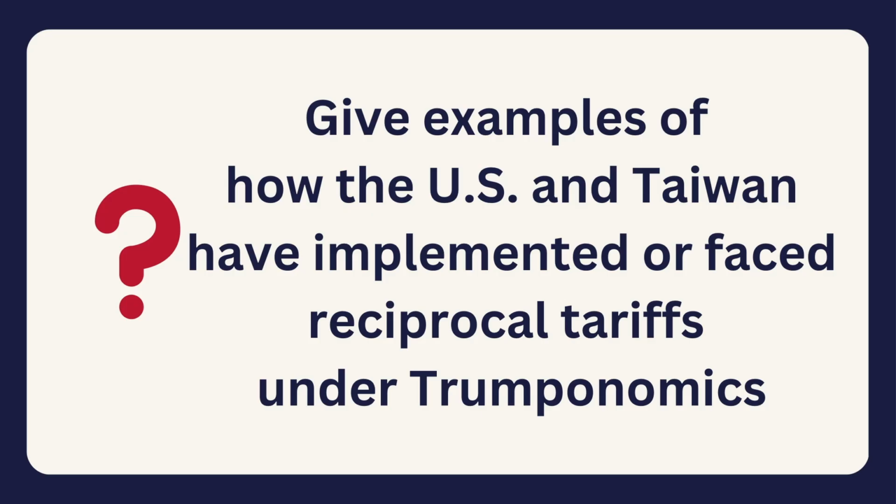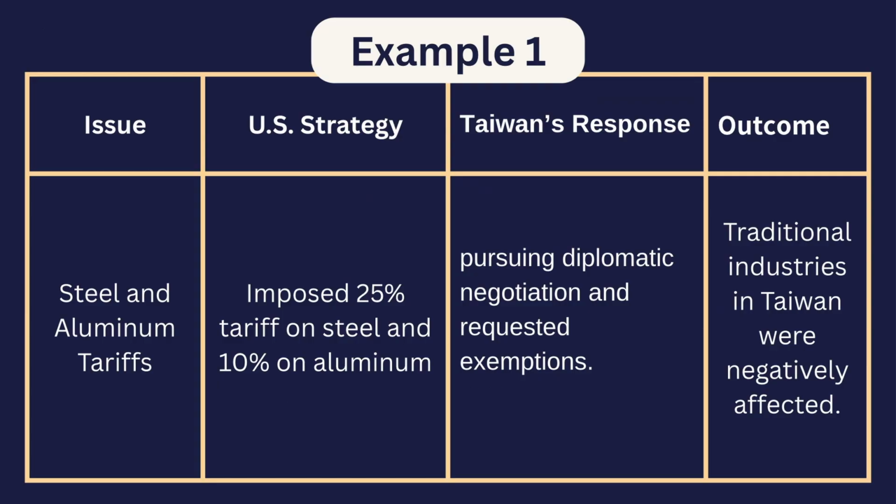I'll give an example of how the US and Taiwan have implemented or faced reciprocal tariff under Trumponomics. The United States used the idea of reciprocal trade to justify raising tariffs, such as the 25% tariff on steel and 10% on aluminum under Section 232, arguing that U.S. tariff levels should match those of its trading partners.